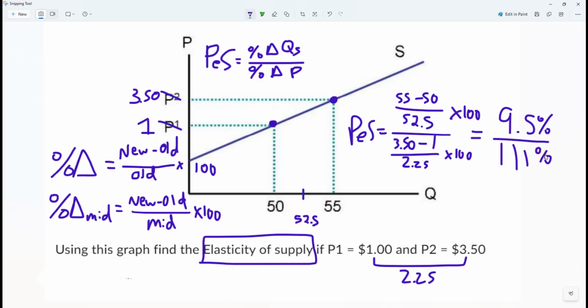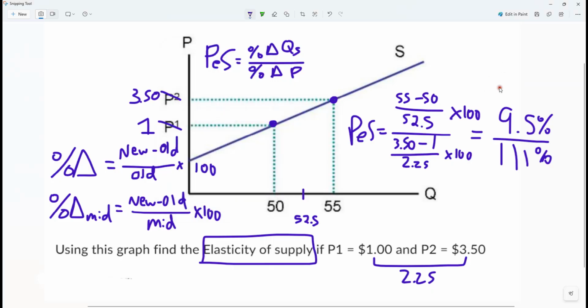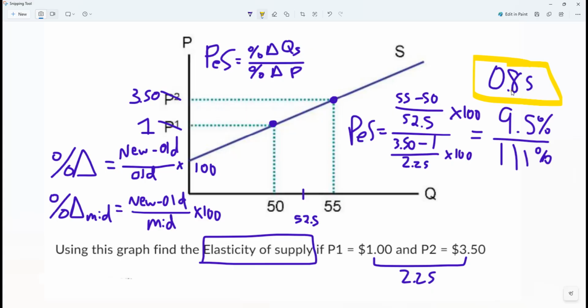Now, that's pretty big. So since the change in quantity is smaller than the change in price, we actually know this is going to be inelastic. But if I'm just calculating numbers, I'm going to put 9.5 over 111, and I get 0.855, so 0.85. And that is our price elasticity of supply when we use the midpoint method.